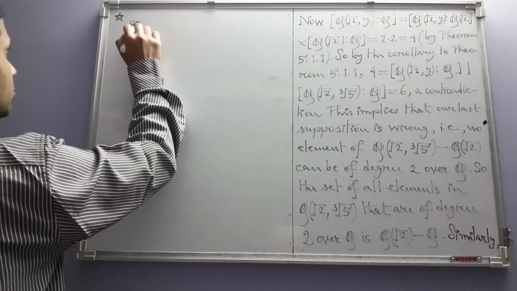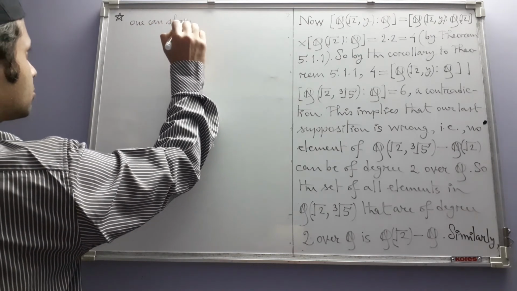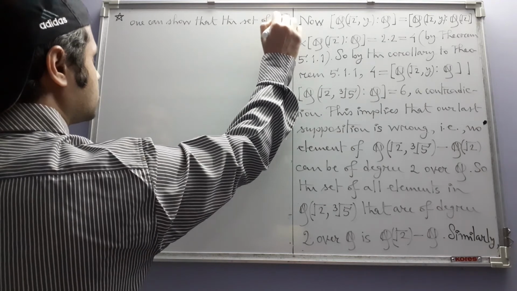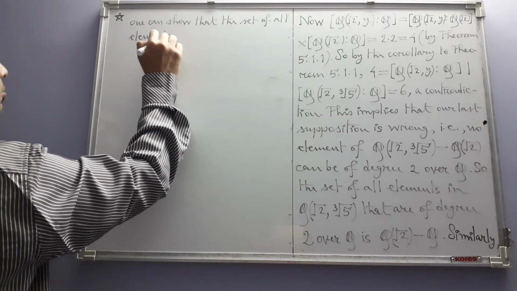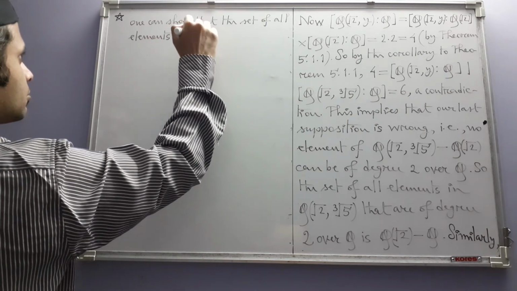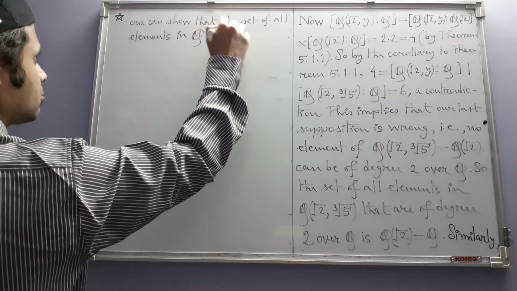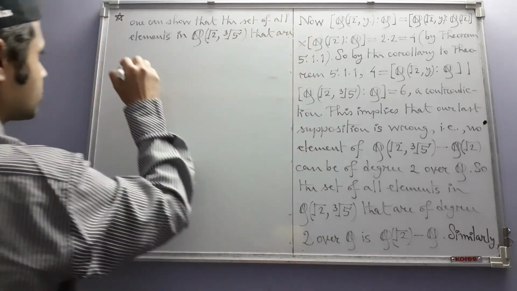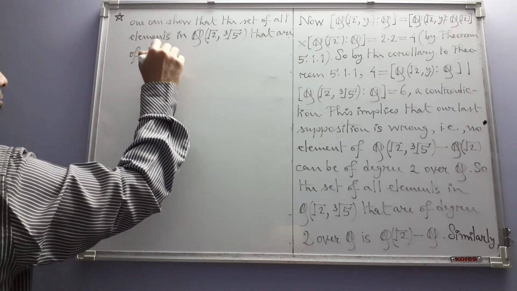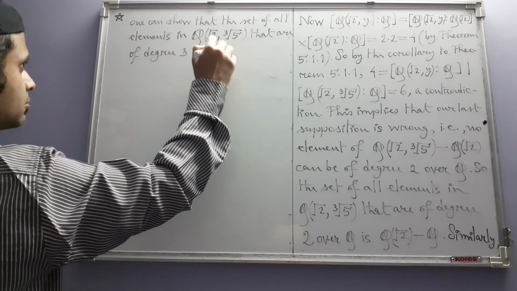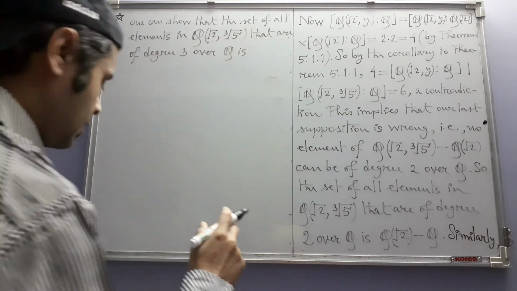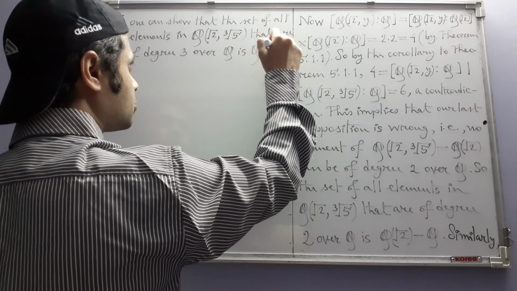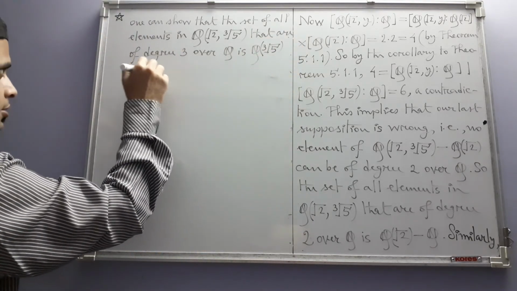Similarly, one can show that the set of all elements in this extension that are of degree 3 over Q is that other thing, that is, this extension obtained by adjoining cube root of 5 to Q.